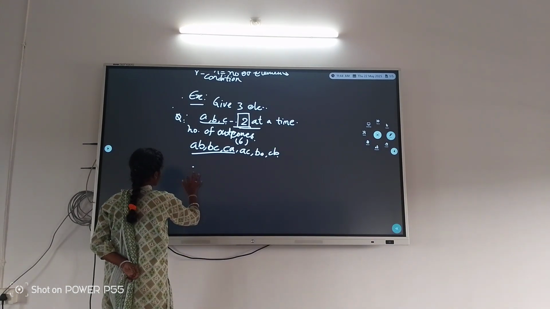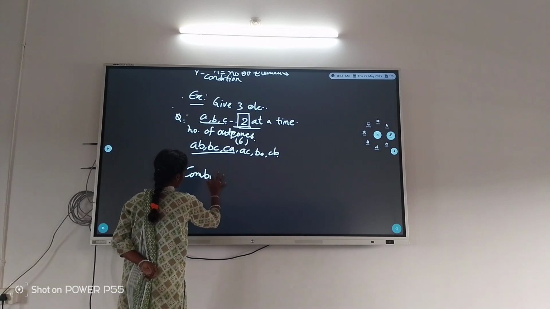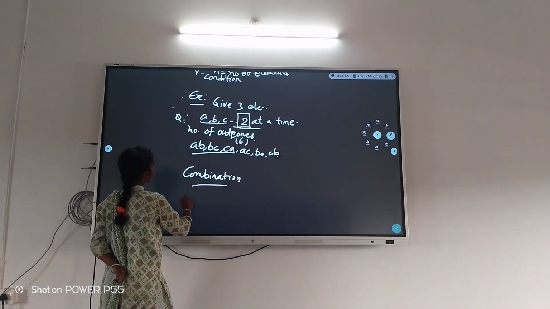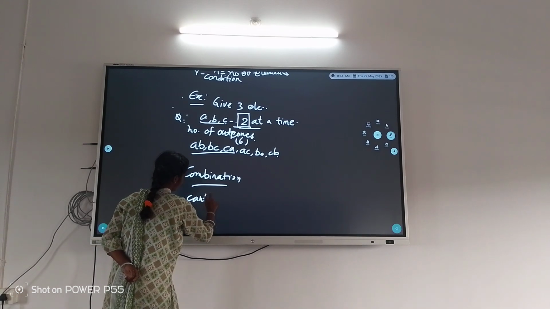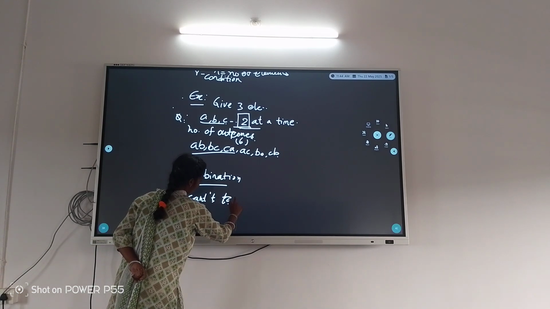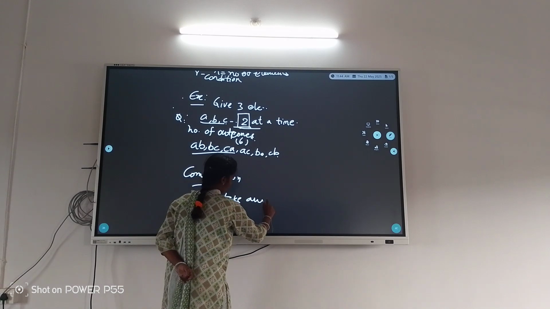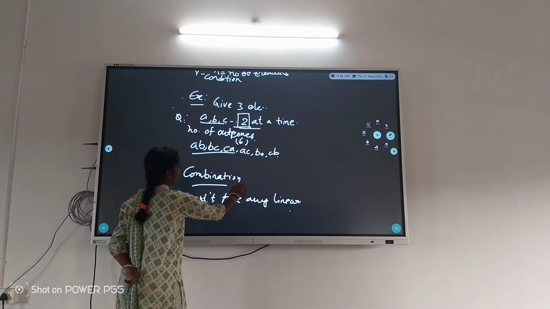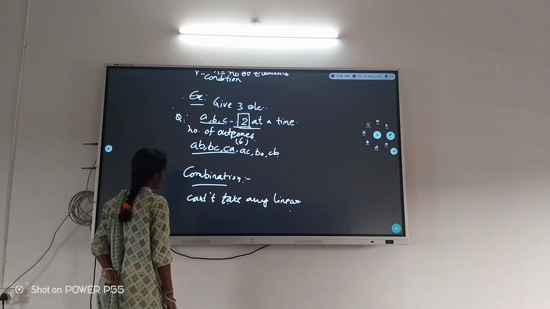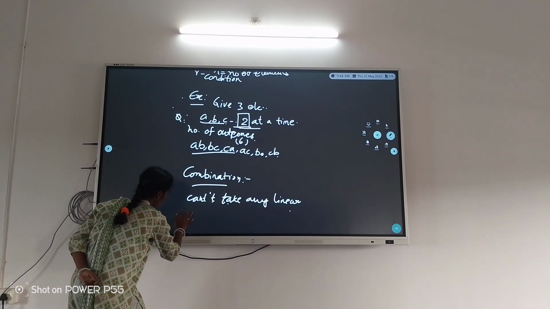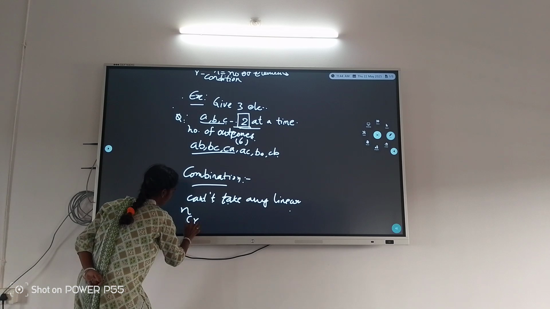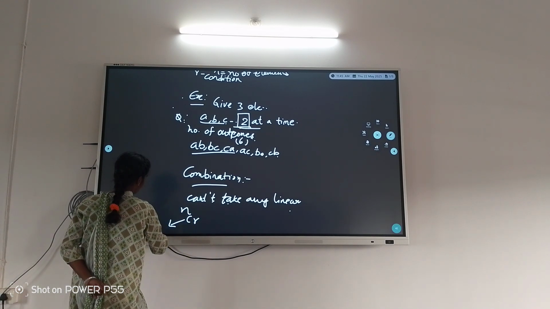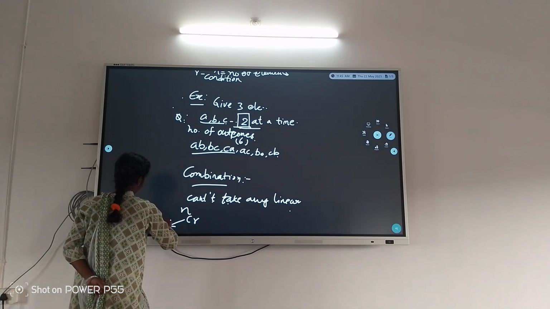And combinations. In combinations we cannot take any linear order. Without taking order, we can consider n elements. The equation for this is nCr, where C refers to combination.